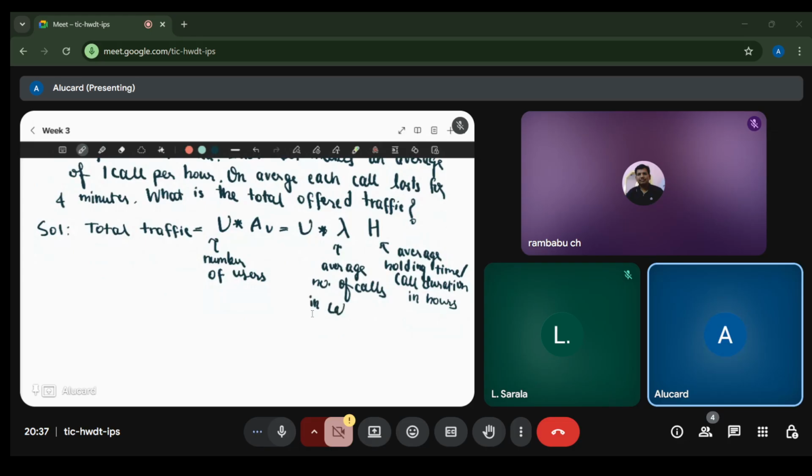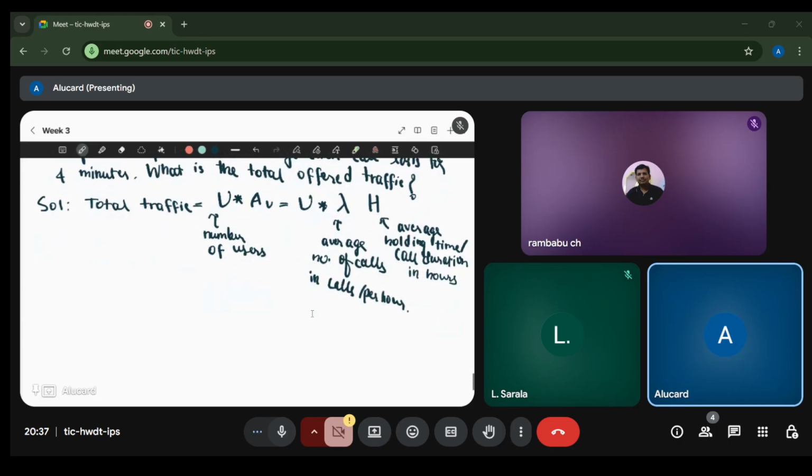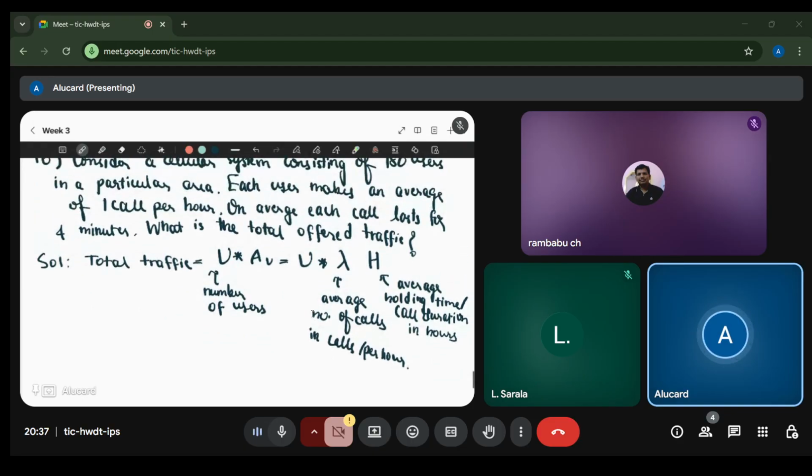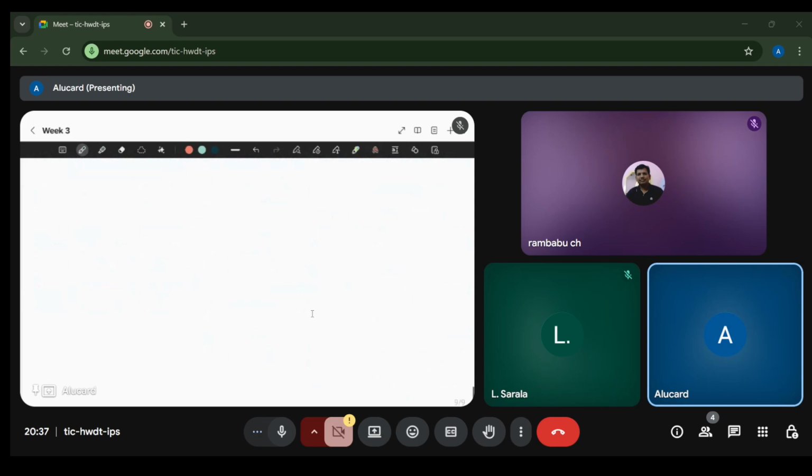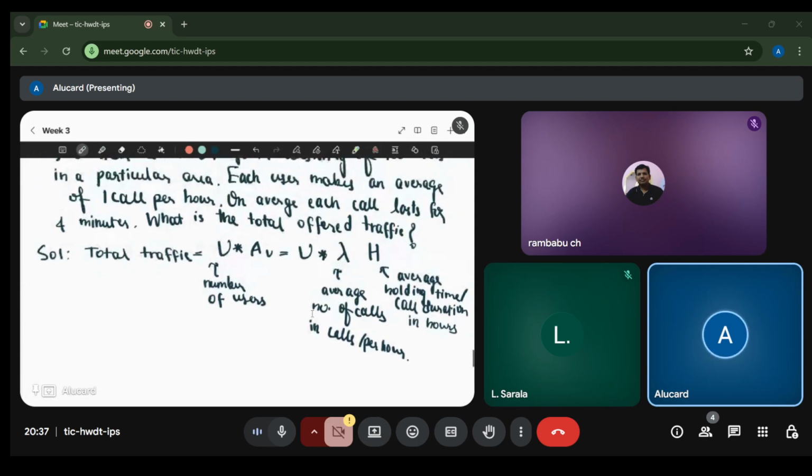This is in calls per hour, if you want the final answer to be in Erlang. So substitute the values and calculate the answer in Erlangs.